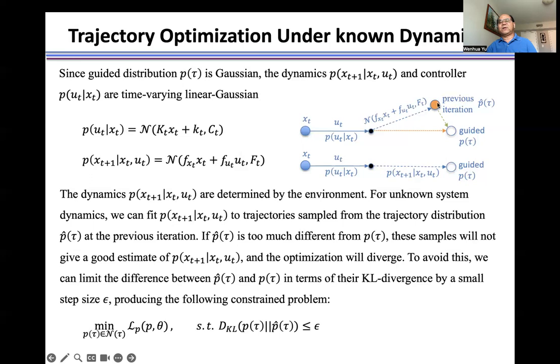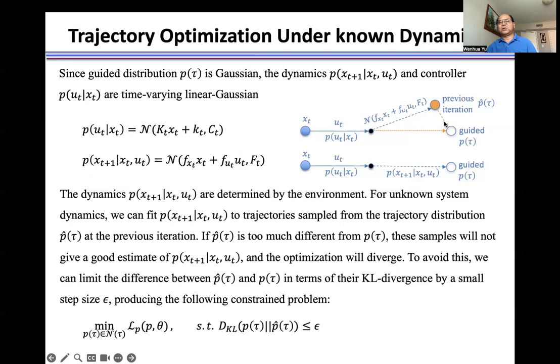We use the state from the previous iteration, then we set up a small difference.